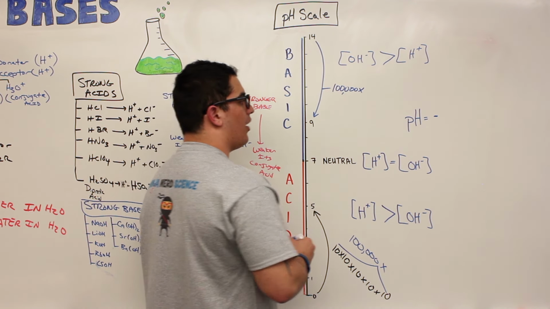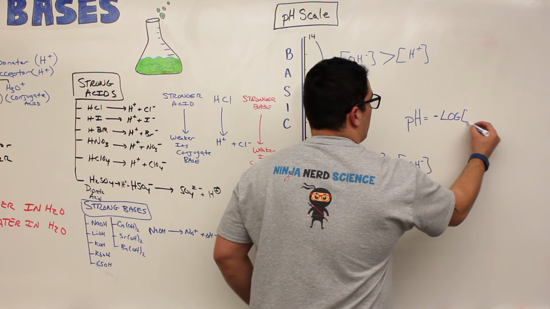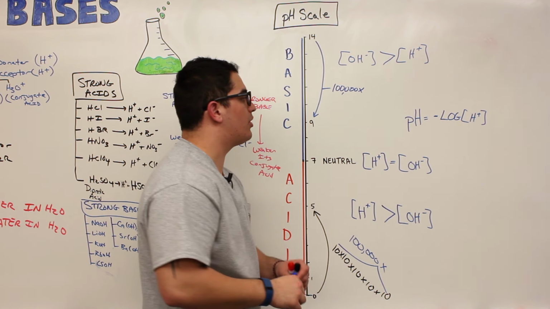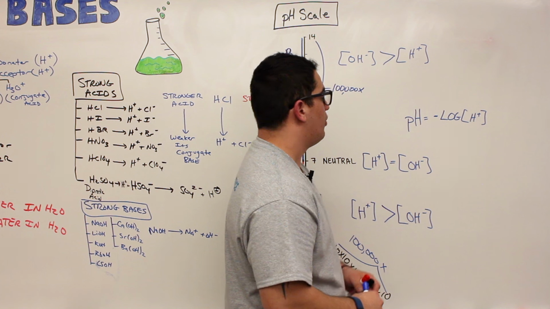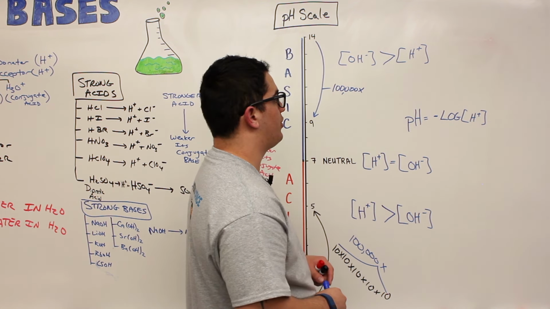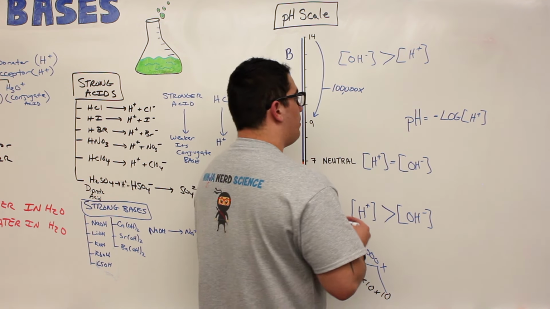It's a logarithmic scale. So pH is equal to the negative log of the H plus concentration. Okay, and that's how we derive this formula to solve for pH. We said it's based on this logarithmic scale, which is a base 10, right? 10-fold change. Same thing, that's pH. So that would give you the H plus concentration.